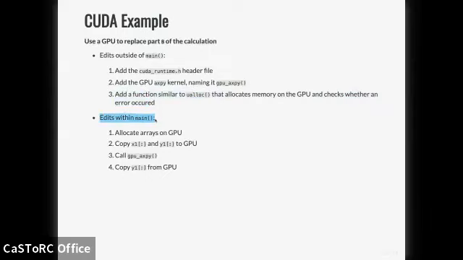We need to allocate arrays on the GPU, copy X1 and Y1 to the GPU, do the GPU AXPY operation, and then copy data back from the GPU to the CPU. Those are the 4 plus 3, 7 steps that we're going to make together in the next slides.